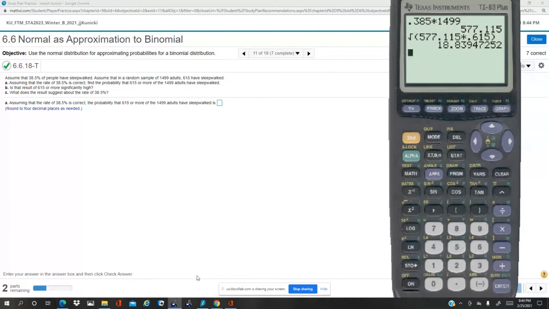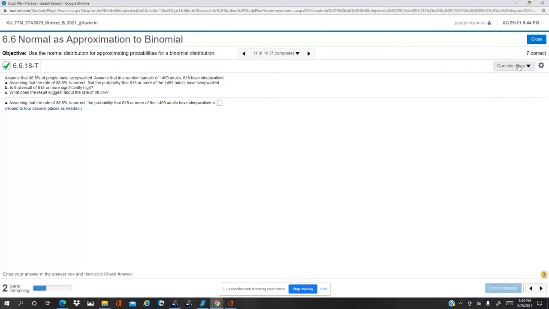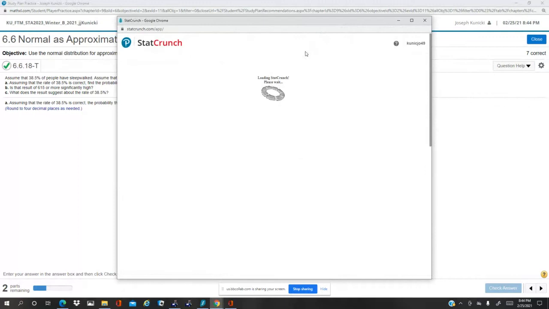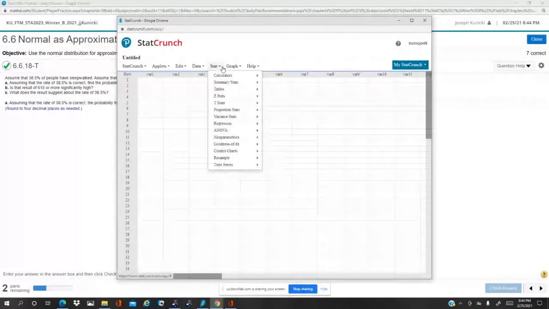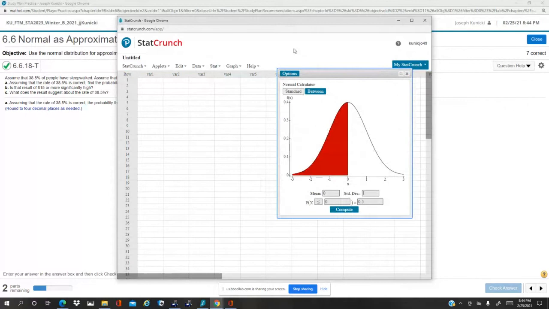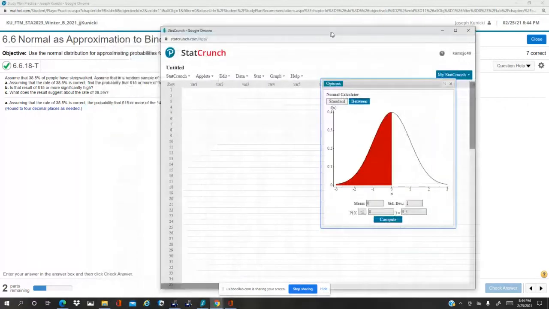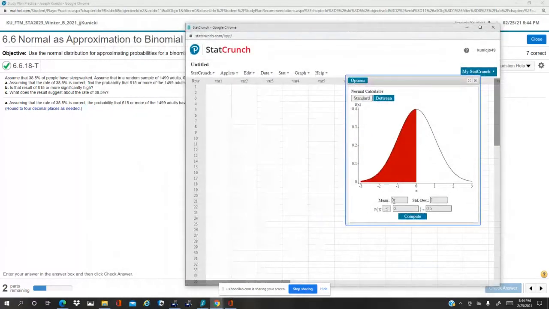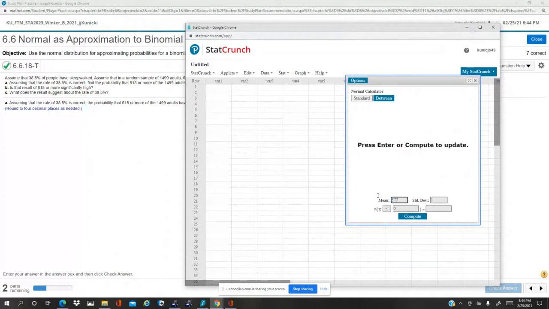So I will now open up StatCrunch. And I will go to Stat Calculator Normal, because we're going to use the normal to approximate the binomial. And the mean, which we calculated 577, the standard deviation, we calculated 18.839.